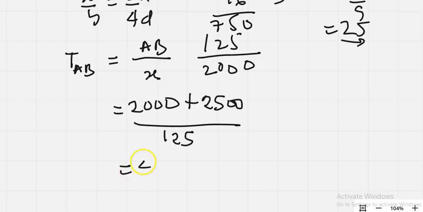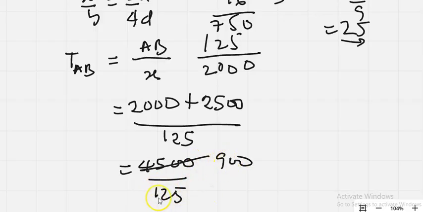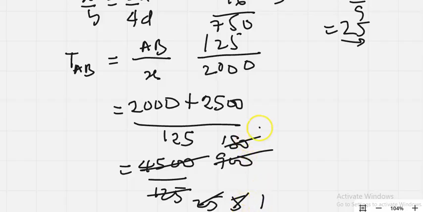This gives us 4,500 over 125. The answer will be 36 hours. So this is our answer.